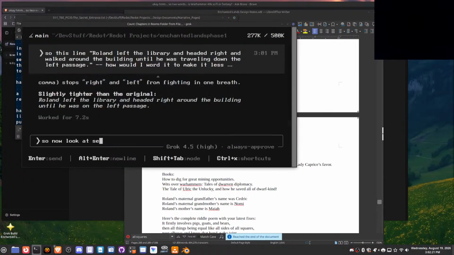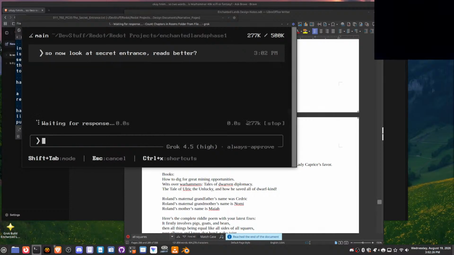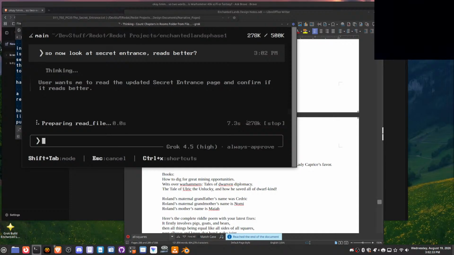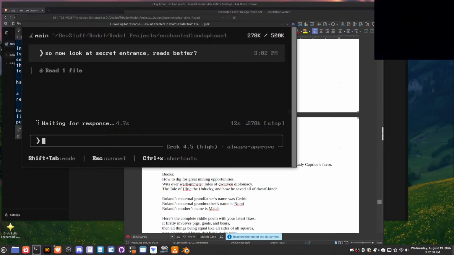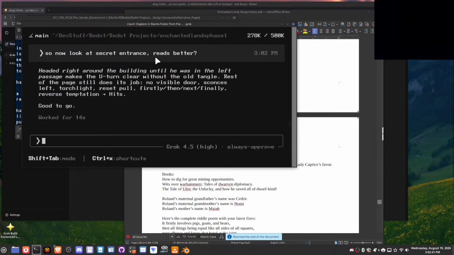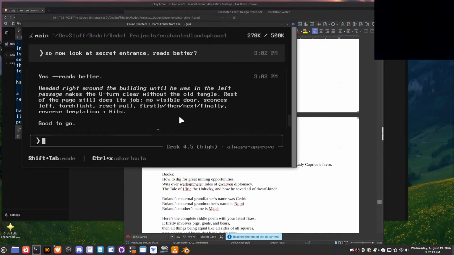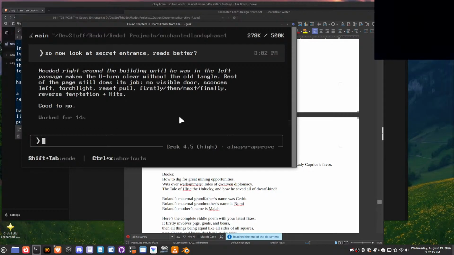I'll look at secret entrance. Reads better. Let's see what it says. Yes, reads better. Still does its job.